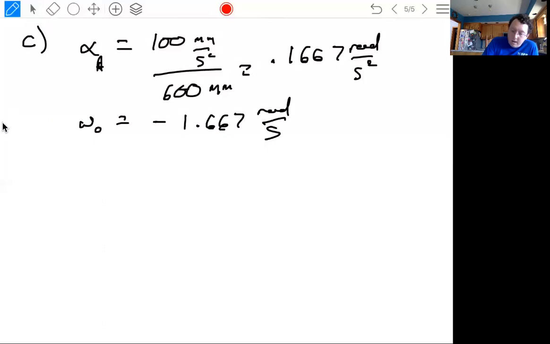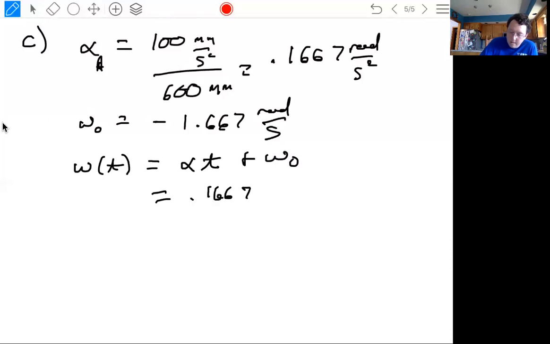Using the fact that alpha is constant, you can use kinematic equations to find omega as a function of time, which should be alpha times t plus omega naught, which is nothing other than 0.1667 times time minus 1.667, and the units will come out as radians per second.